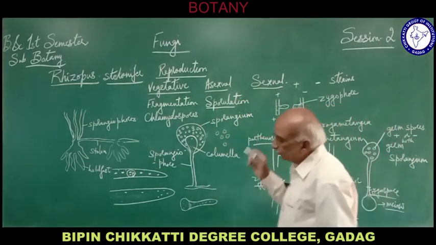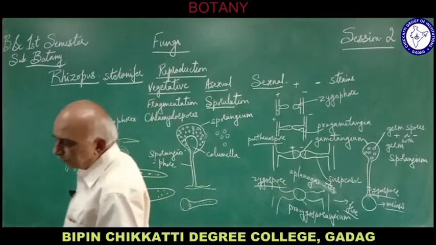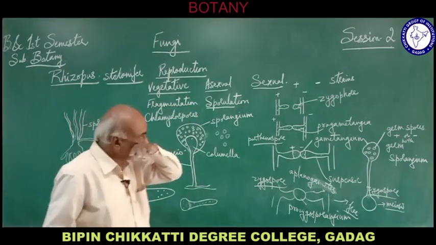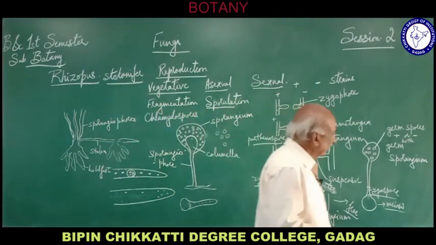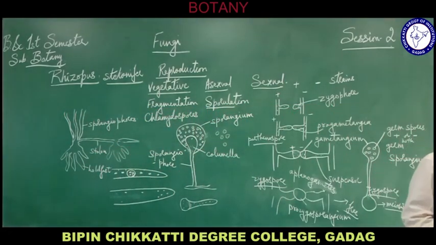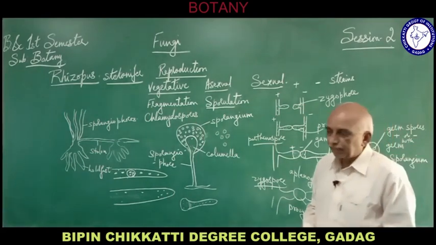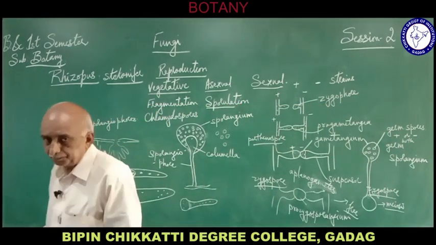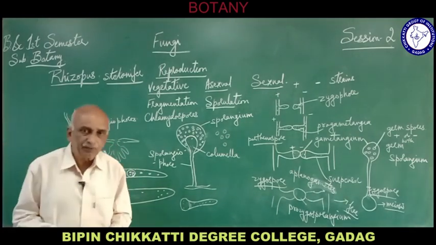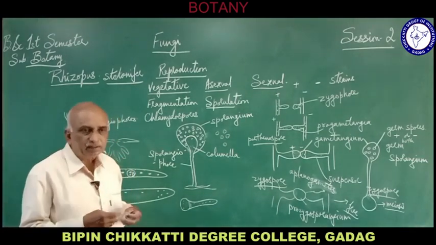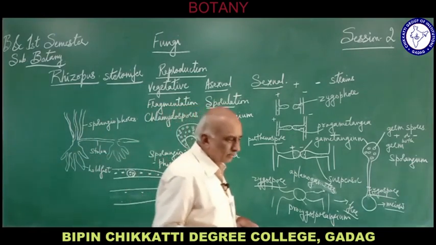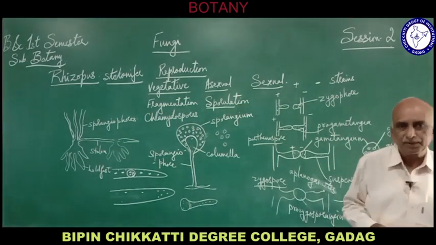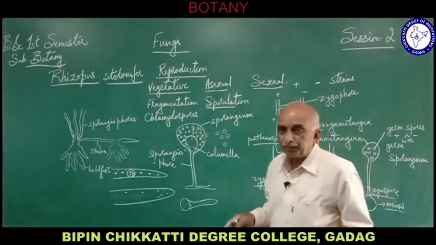So this is the reproduction in Rhizopus, where the Rhizopus divides and the spores are released and carried by wind in all directions, and when they come in contact with a suitable medium, they germinate and develop into a new mycelium. So spores are scattered in all directions. Even spores are present everywhere, in every part of the house, in every part of the environment.